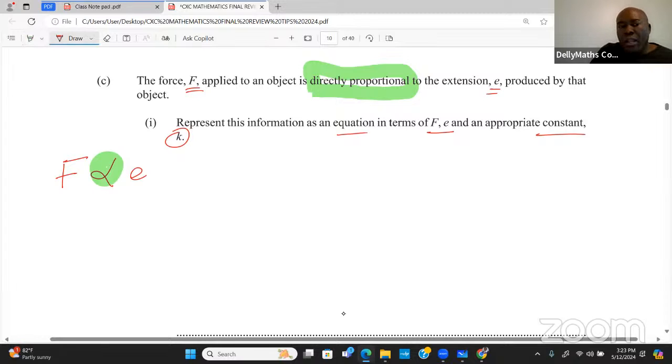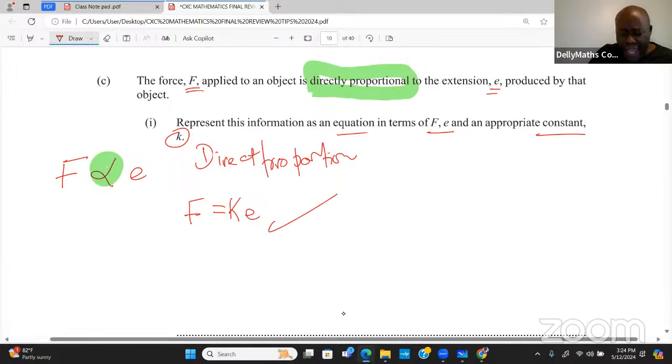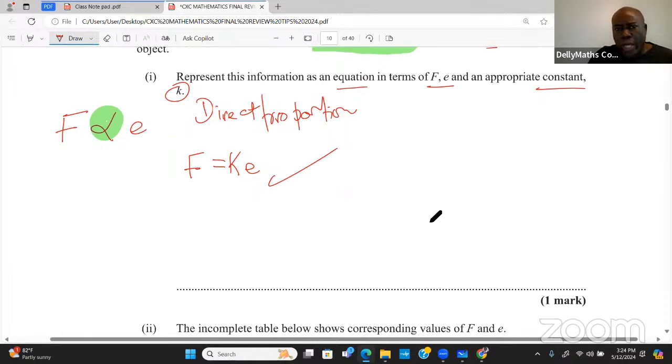But as a formula with an equation, it's going to be F is equal to my constant times my E. Remember, though, that this way of writing this is only because we are handling direct proportion, right? When it is inverse, that's not the case. When it is inverse, the second variable becomes a denominator. So F is equal to KE is what they want to see right here. I believe this may just be 1 mark. Definitely, that's a 1 mark response.